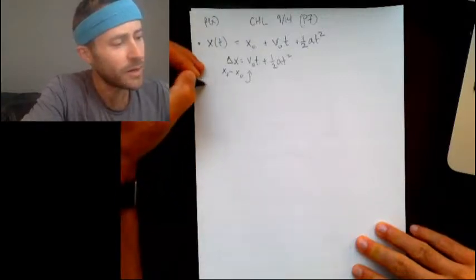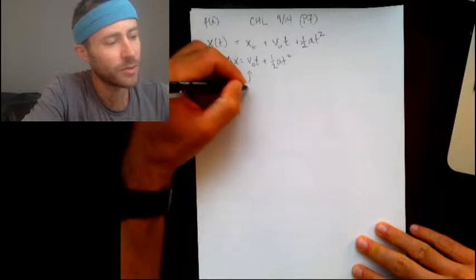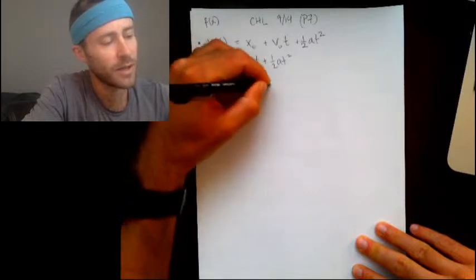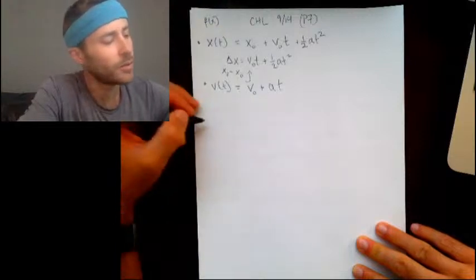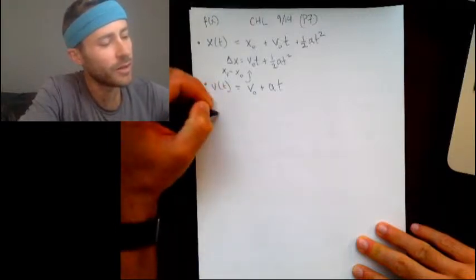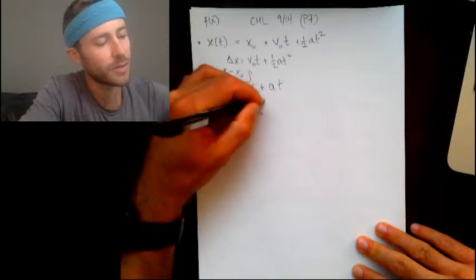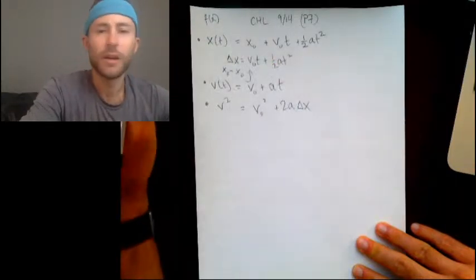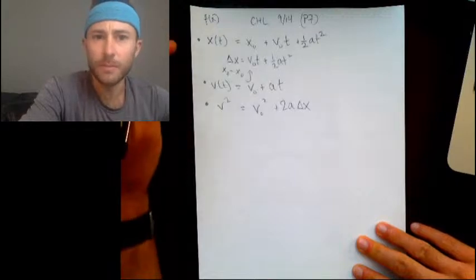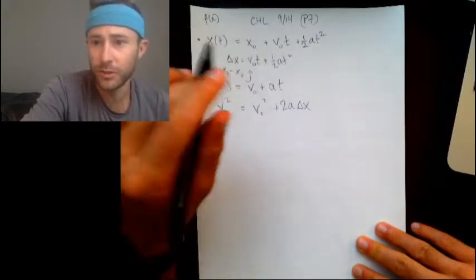We can also write v of t, the velocity as a function of time, is v initial plus at. And then we also learned the equation that v squared equals v initial squared plus 2a delta x. You do not need to know how to derive these equations, but you do need to know how to use these equations.